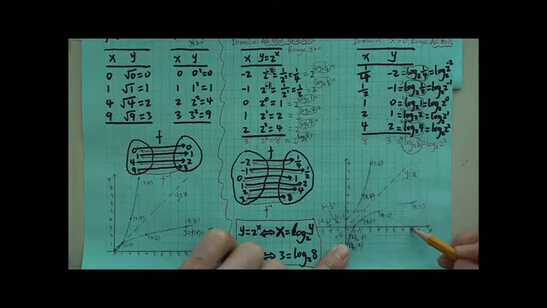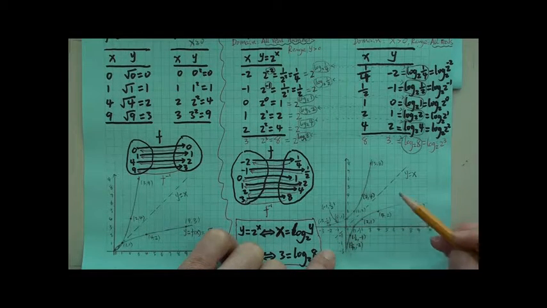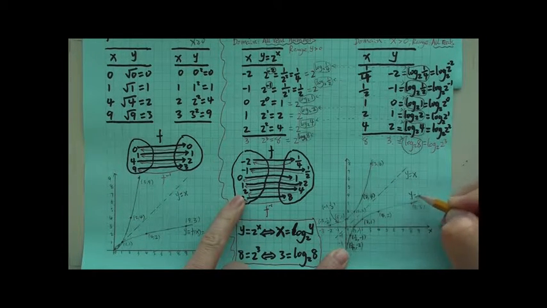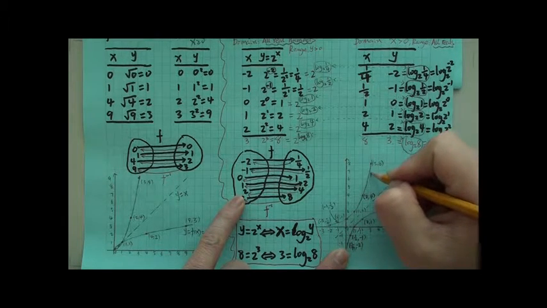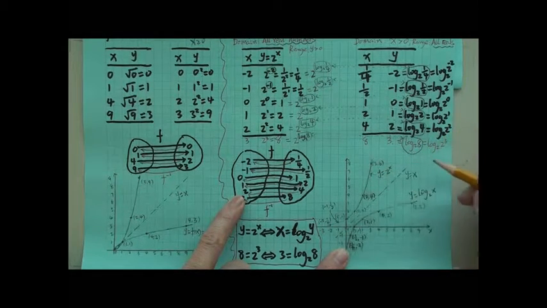So you have an 8 and then 3 this high. So this one, you connect it, you have the curve. So this one is y equals log base 2 of x. This one is y equals 2 to the x. One is the inverse of another.